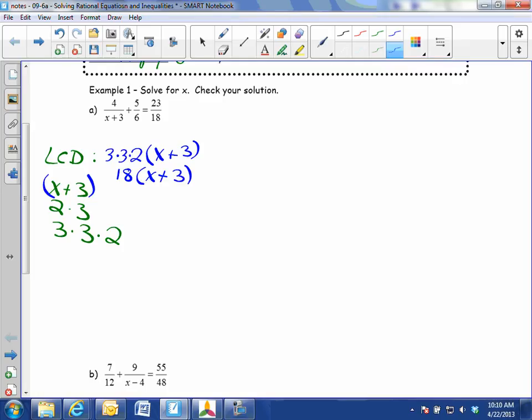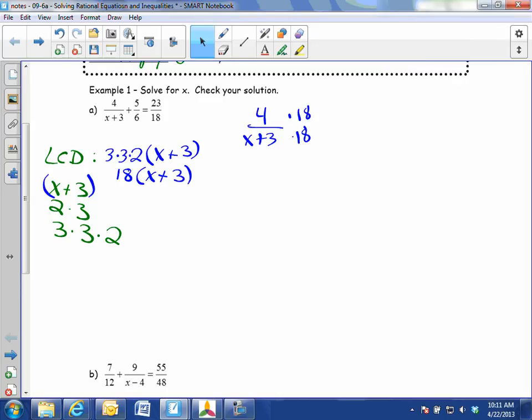So that is what we're multiplying each fraction by, not just the one on the left, but the one on the right as well. I would write it as 4 over x plus 3. If I'm going to make it look like the least common denominator, what do I have to multiply it by? 18. So I'm going to say times 18. We've got 5 over 6.